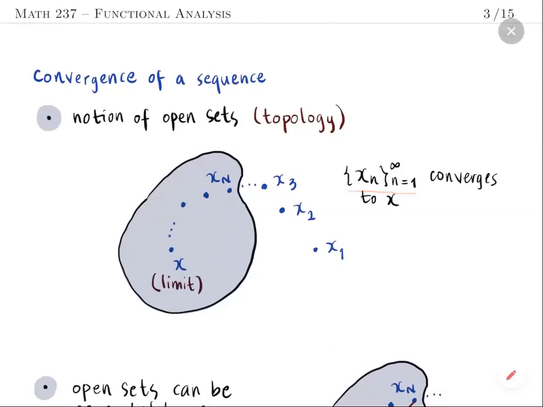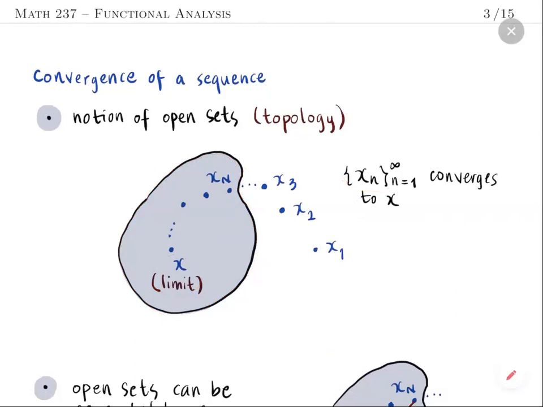This sequence converges to x, which we call the limit, if I take any open set, as an illustration the shaded region, containing the limit x, then all except for a finite number of terms of the sequence will be in that open set.